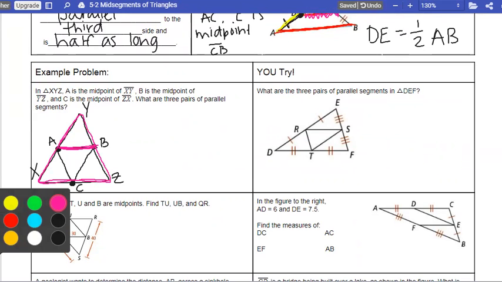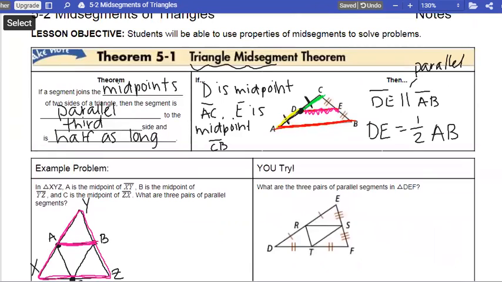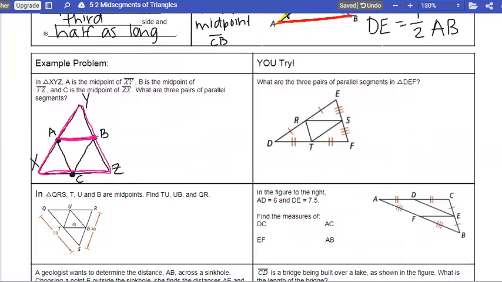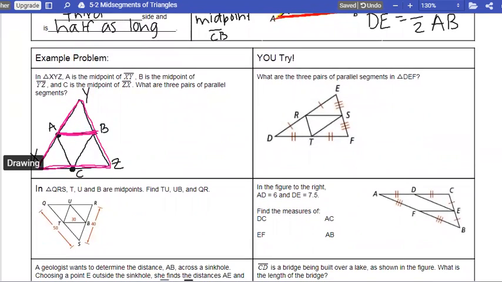It told us in this diagram up here that DE was parallel to AB. So down here, the one that looks very similar would be segment AB that is parallel to segment XZ. If you notice, these two segments go on and on and on forever, and they would never touch.